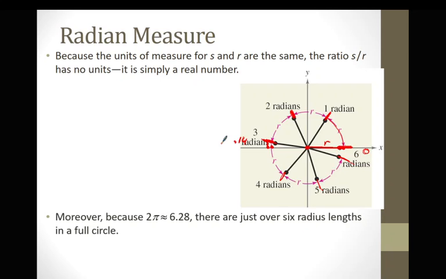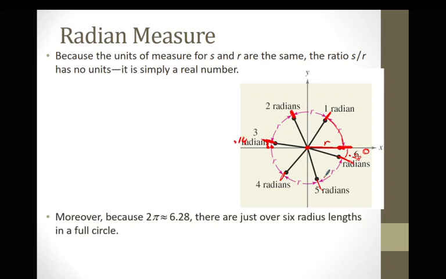Which means to get halfway around the circle, how far do we go? 3.14, which is pi. And if we keep going, this is 6, and this little piece right here is 0.28. So all the way around is 6.28, which is 2 pi.